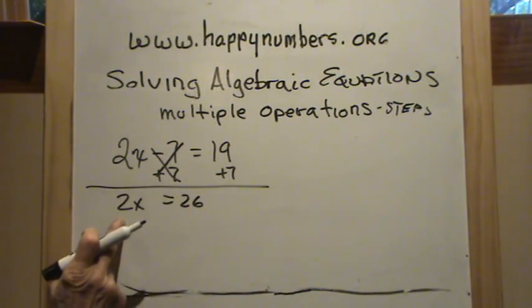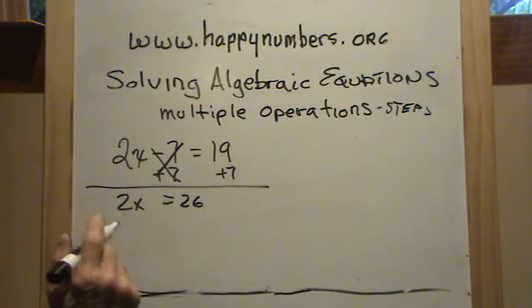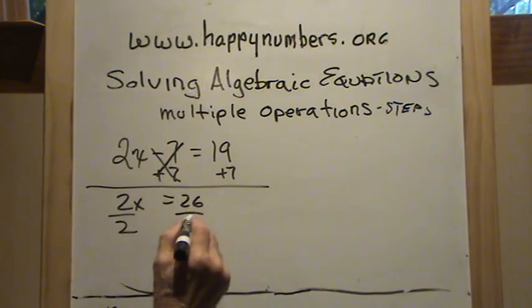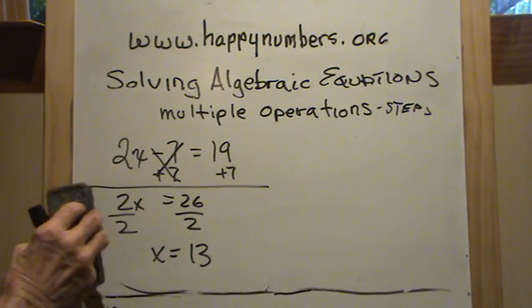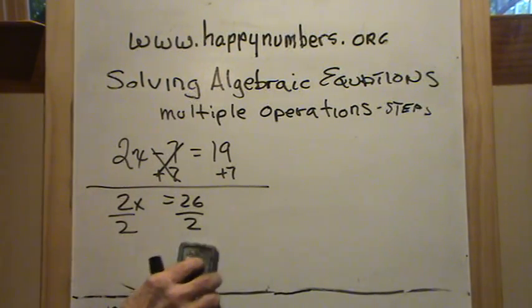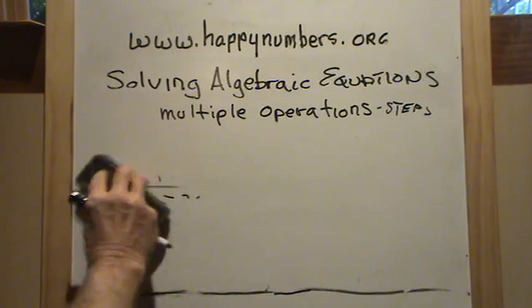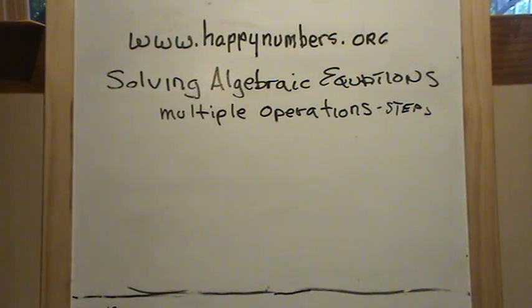And then we used the inverse or opposite relationship of multiplication to get rid of the 2, and we got x equals 13. Excellent. So the process, although it's multiple steps, is very simple, especially if you follow along and do it in a linear fashion, writing each step down.